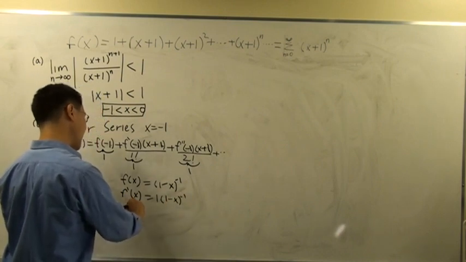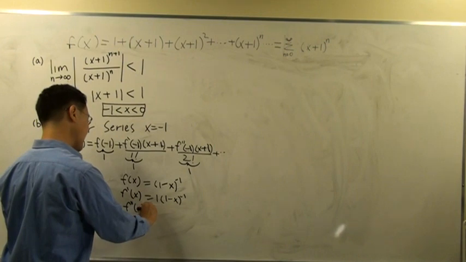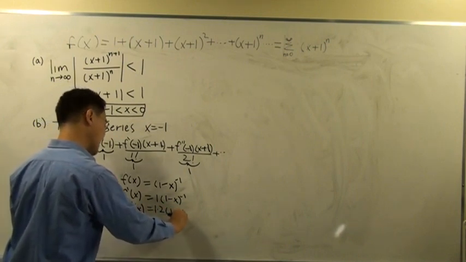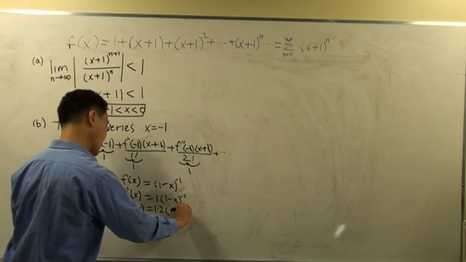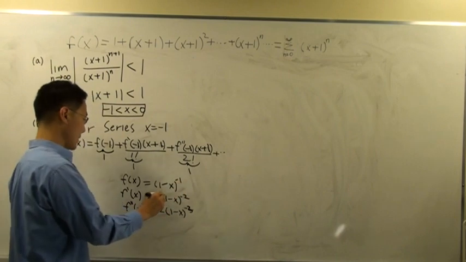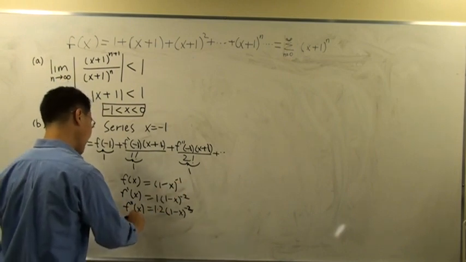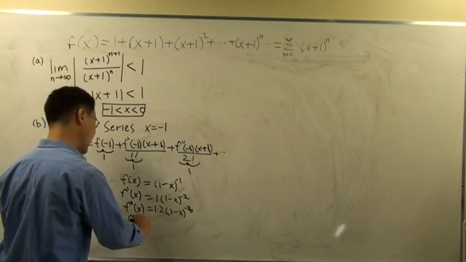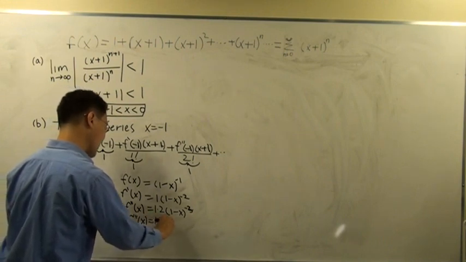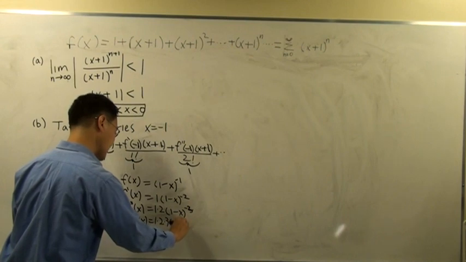Second derivative gives us 1 times 2 times (1 minus x) to the minus 3. And the third derivative is just 1 times 2 times 3, (1 minus x) to the minus 4.